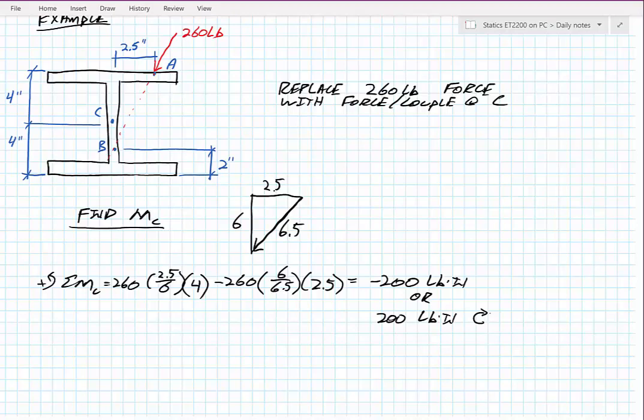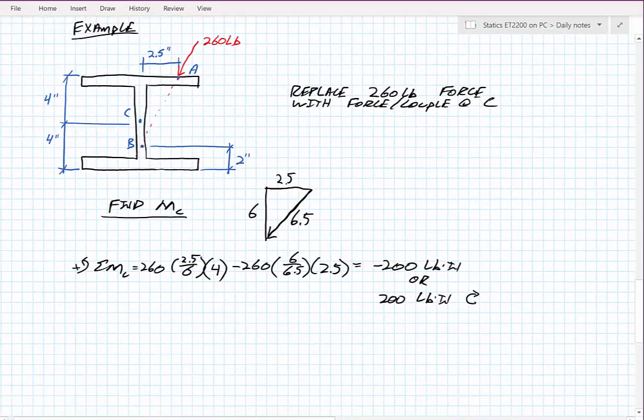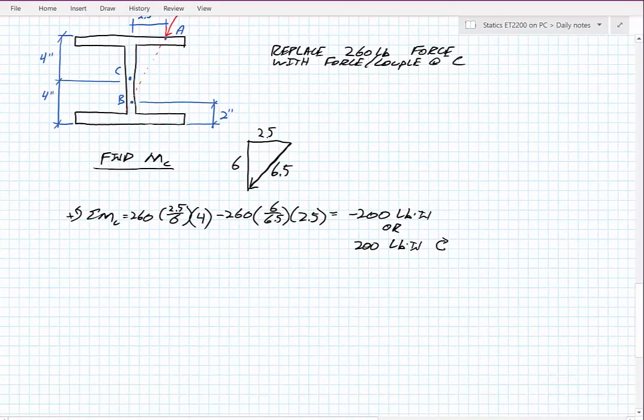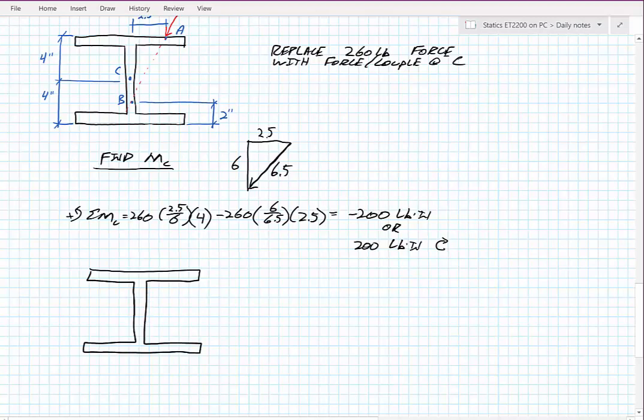So in essence, the result would be, if I were to redraw, oh, I didn't plan on doing this, but let's try to do this quickly to see what it looks like. If I were to redraw this I-beam, my end result would have a force applied at point C that's equal to this 260.